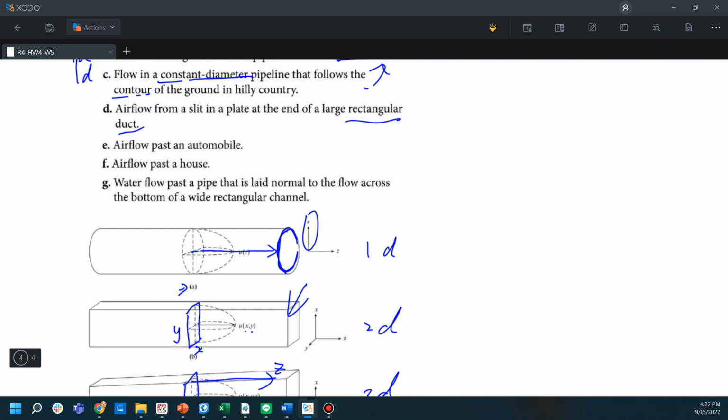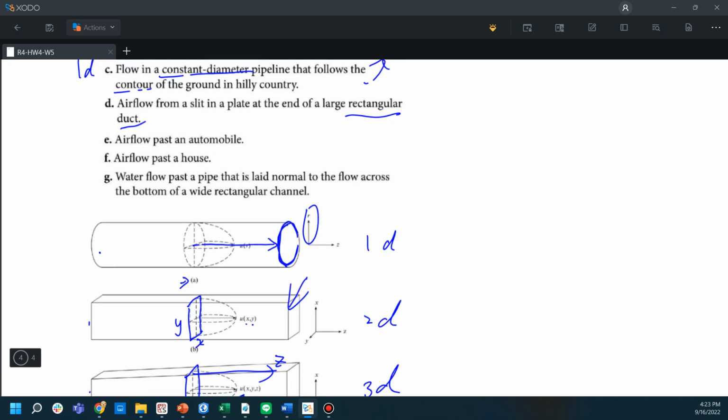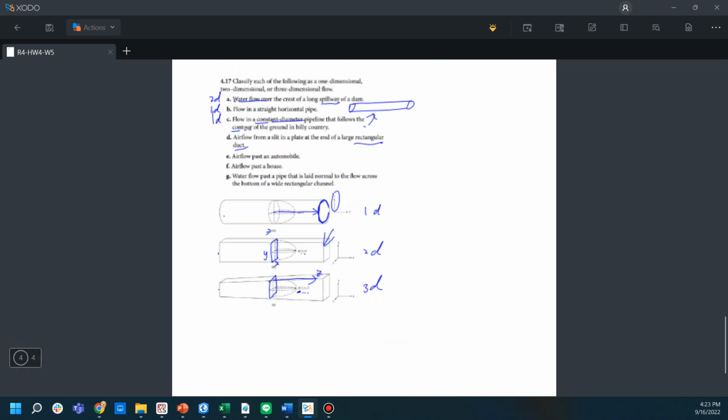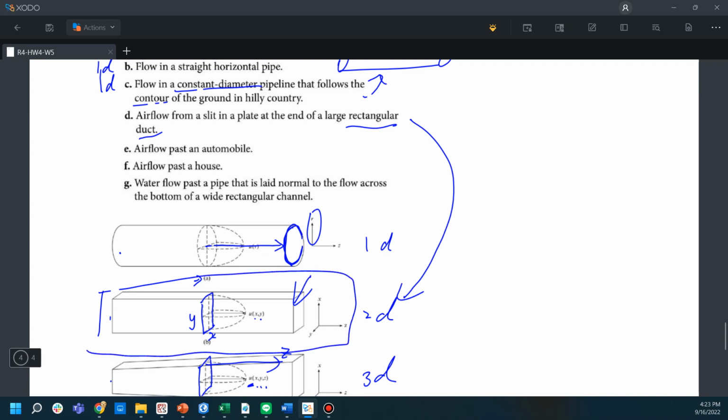If you compare to these three situations down here, this points to the second figure that we have here. So this will be 2D flow.